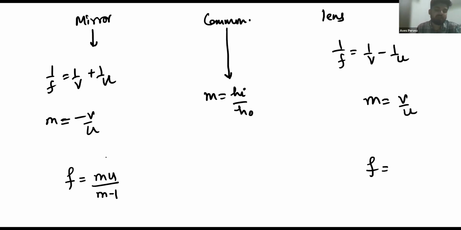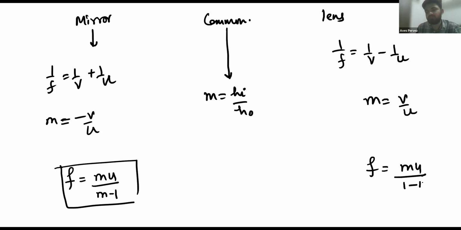If only magnification and u are given to us and focal length is being asked, or if focal length and magnification are given and object distance is being asked, meaning any two are given and v is not given, then we have to use this formula. For the lens, we have f is equals to mu upon 1 minus m. And the common formula for both is f is equals to v upon 1 minus m.